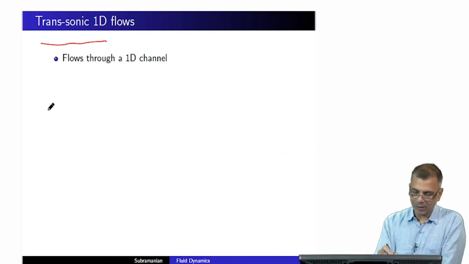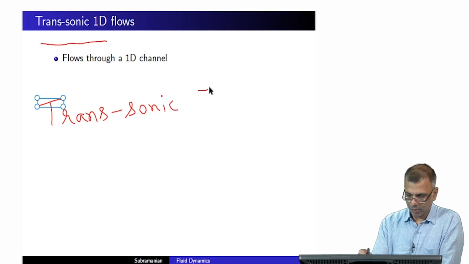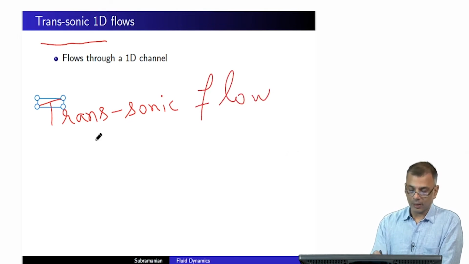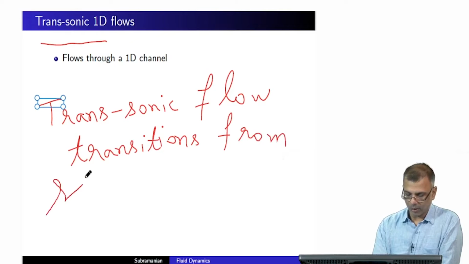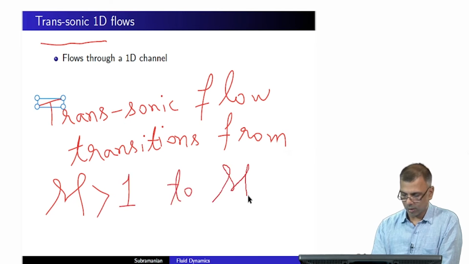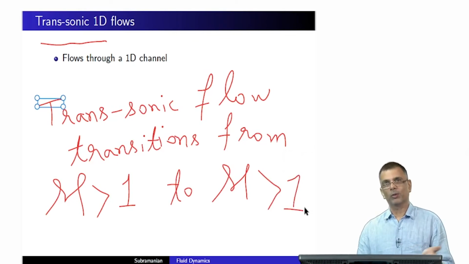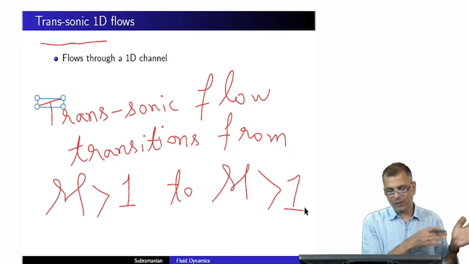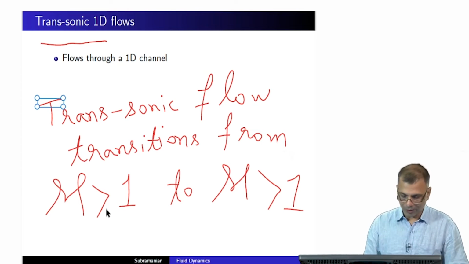A transonic flow is one that transitions from Mach number less than 1 to Mach number greater than 1, through Mach number equal to 1, naturally.